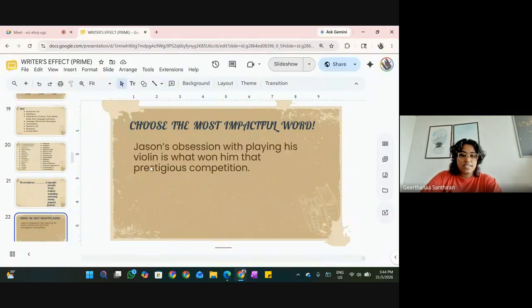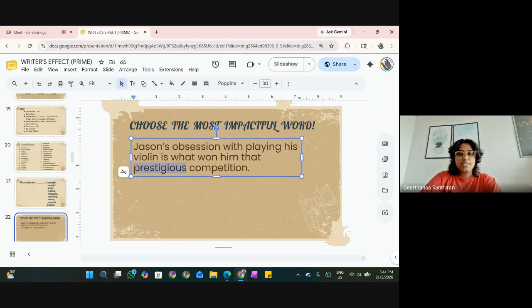So let's just underline the word prestigious first. When I'm first teaching writer's effect to students, like in year 10, I tell them that they can use Google, they can use dictionaries to help them out. But over time, they have to rely completely on their brain because that's all you have during an exam.